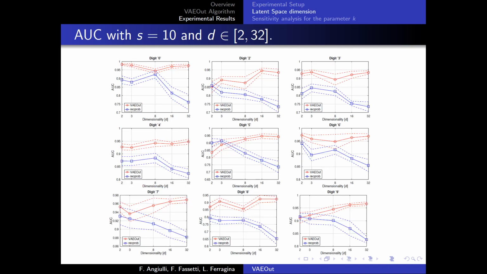On the horizontal axis, we have the dimension of the latent space, and on the vertical axis, we have the area under curve. The red line is for our algorithm, and the blue line is for reconstruction error. These results are obtained after 10 runs for each dataset, and so we report the mean and the standard deviation of the area under curve for both the algorithms.